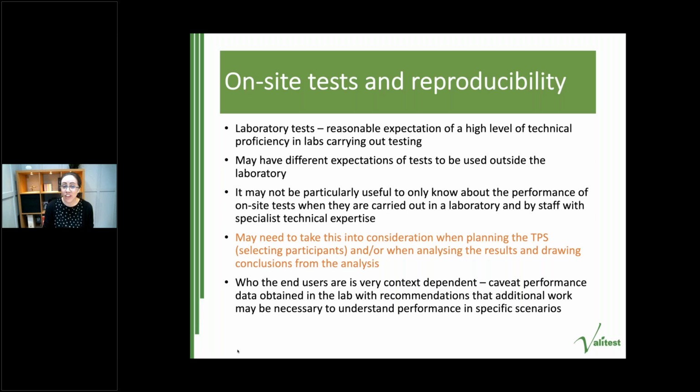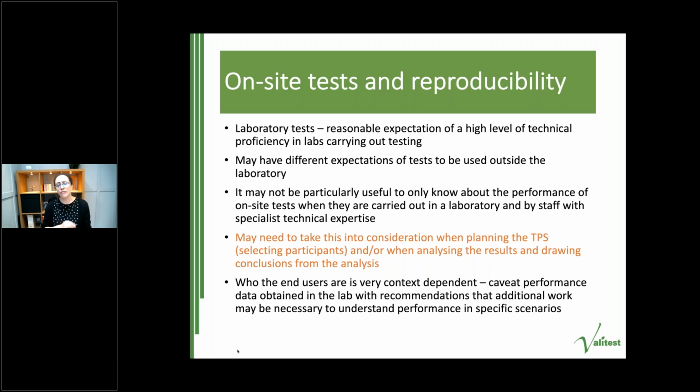So for one thing, for on-site tests, we might want to take this into consideration when we're planning the TPS, selecting the participants, or we might want to take it into consideration when we're analysing the results and drawing conclusions from the analysis. Because if we exclude less experienced participants' results on the basis of failed controls, then we won't be able to interrogate how the test has performed in the hands of a range of different participants.